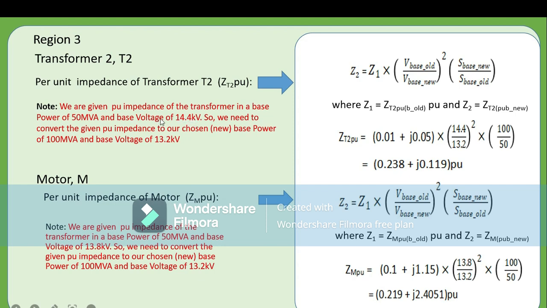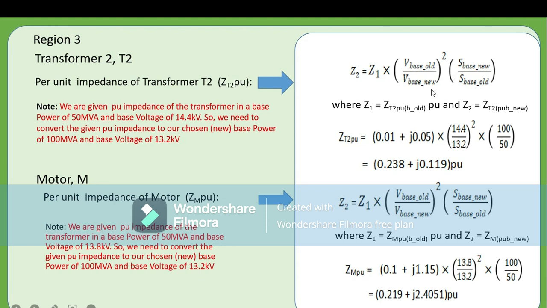These base values are different from our chosen system base. So we need to convert the given per unit impedance to our new base, the system base of 100 MVA and a base voltage of 13.2 kilovolts. Now remember the formula we told you: this is the new base, this is the old base, this is the old voltage, this is the new base voltage, and the rest of that.